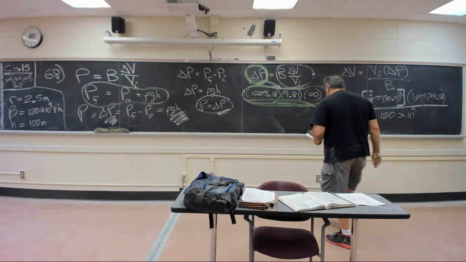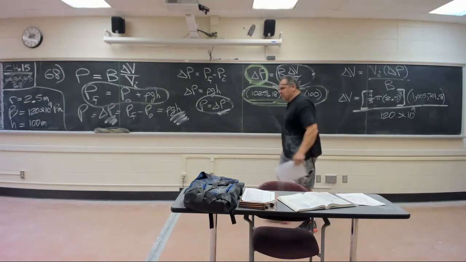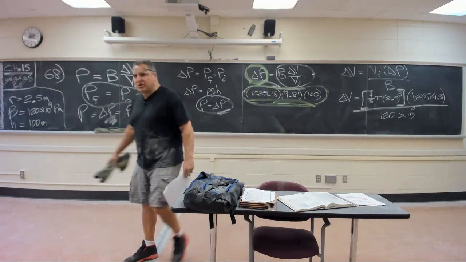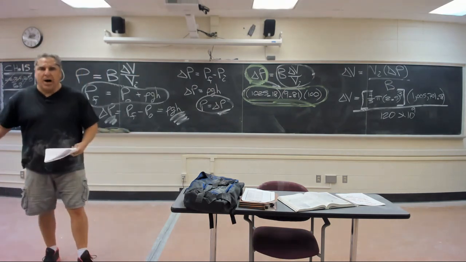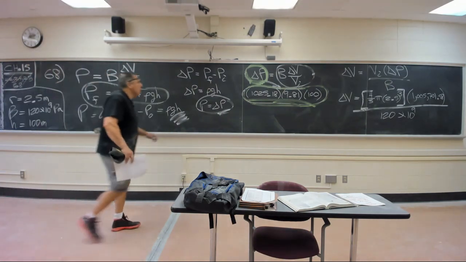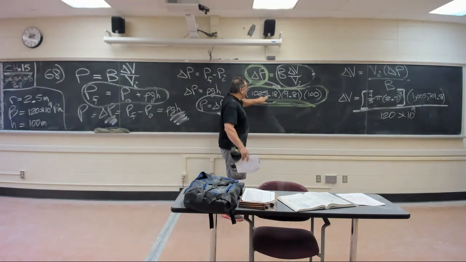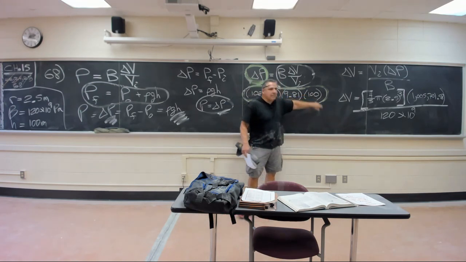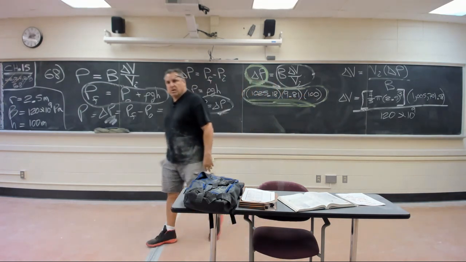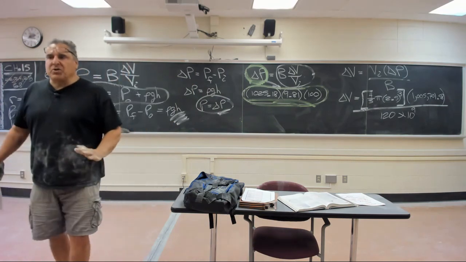This is going to be a volume reduction, guys. We know it's going to be a volume reduction. Why? Because there's more pressure on this thing 100 meters under the water than there is outside of the water. How much more pressure is there? Delta P more, which is rho of the salt water times g times the depth at which it's under. Why did atmospheric pressure not enter into it?